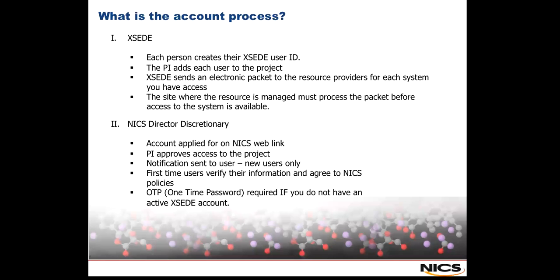However, this is only for first-time users. Existing users do not get a notification. So if you're not sure if your account is processed, then please contact user support by sending an email to help@nics.utk.edu. Then you may or may not be required to use an OTP token. And this will be required if you do not have an active XSEDE account.